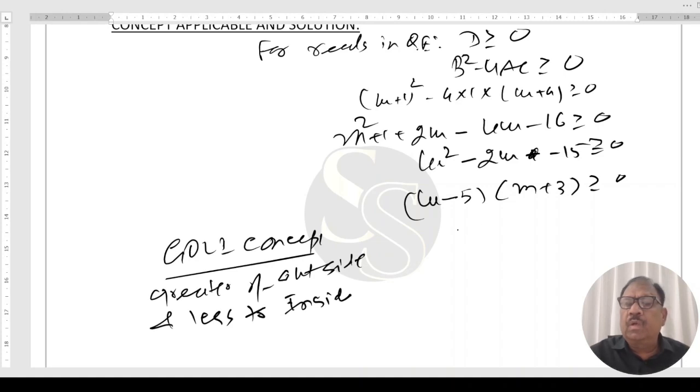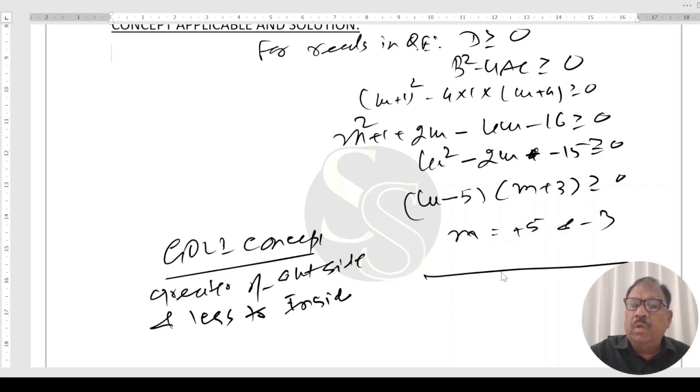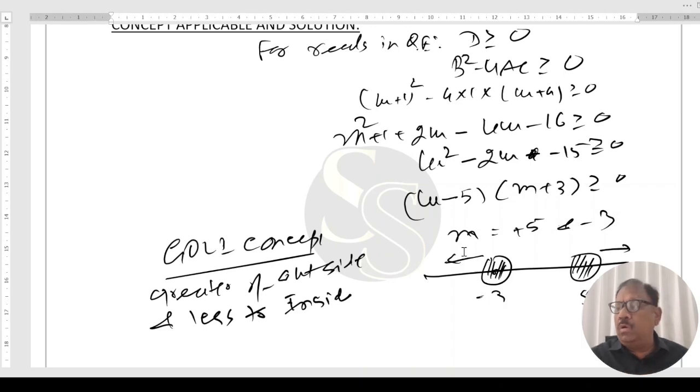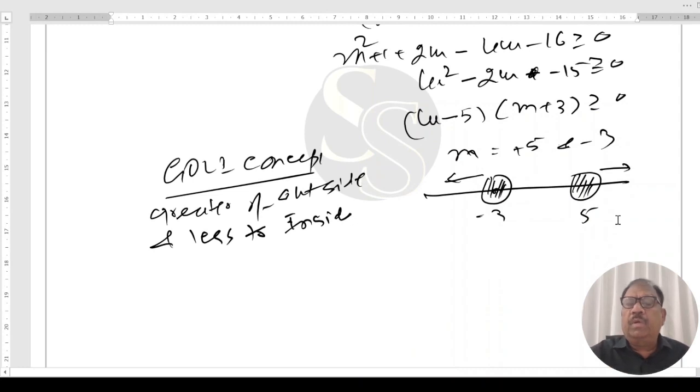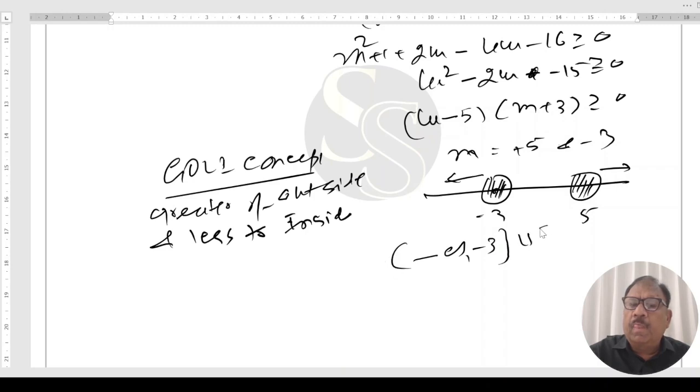In this case, m equals 5 and minus 3. So this becomes minus 3 and this becomes 5. Or you can say another way of representation: minus infinity to minus 3 closed interval, union 5 to infinity closed interval. This is set A.